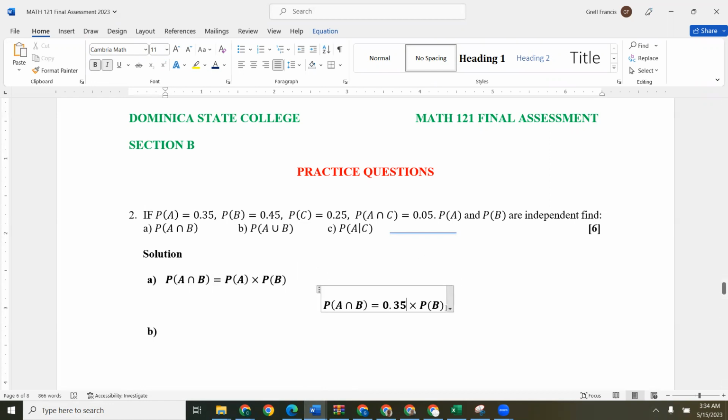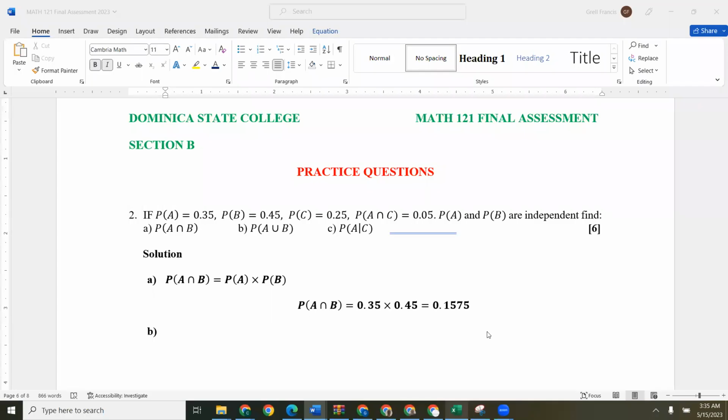P of B is 0.45. So we simply multiply 0.35 by 0.45, and this gives us P of A intersect B, which is 0.1575.